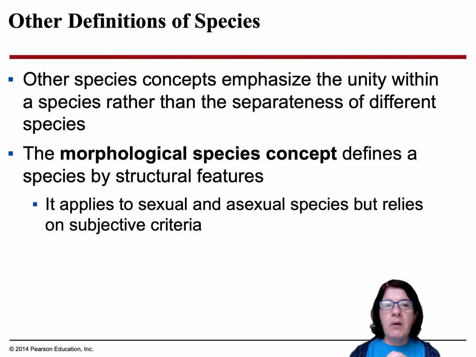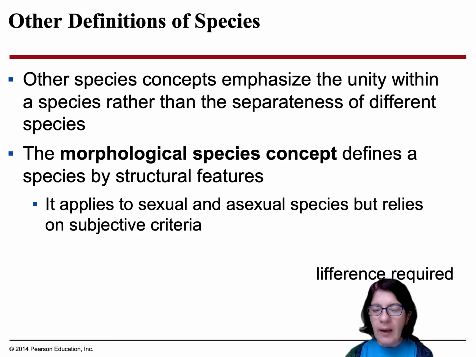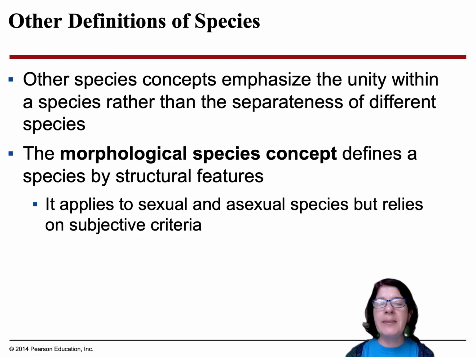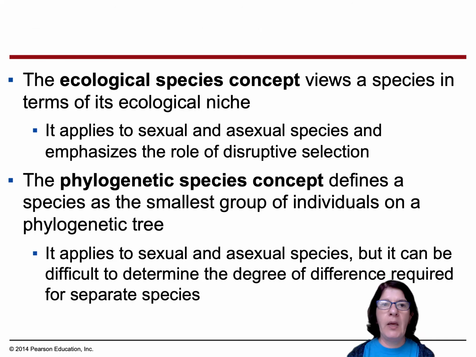One of those concepts is the morphological species concept, which defines a species by its structural features. That is often used to identify bacterial species. It applies to both sexual and asexual species. However, this is somewhat of a subjective criterion.